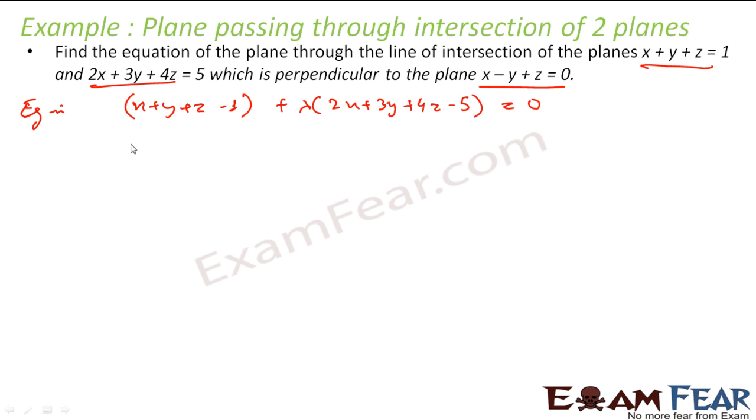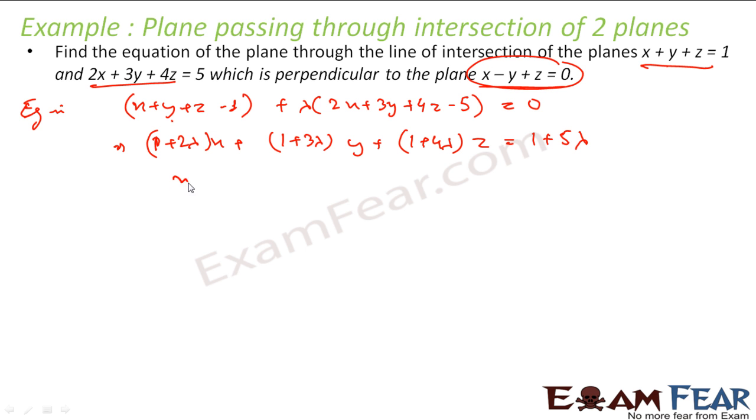Correct? So let's solve this. So this equation you get is (1 plus 2 lambda) x plus (1 plus 3 lambda) y plus (1 plus 4 lambda) z is equal to 1 plus 5 lambda. This is my one equation of the plane, and the other equation of the plane is given, this guy, that is x minus y plus z is equal to 0.